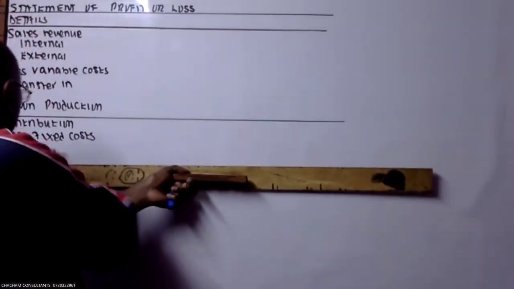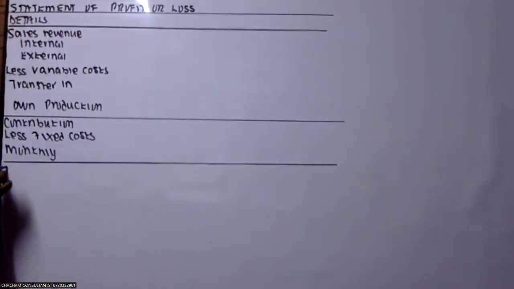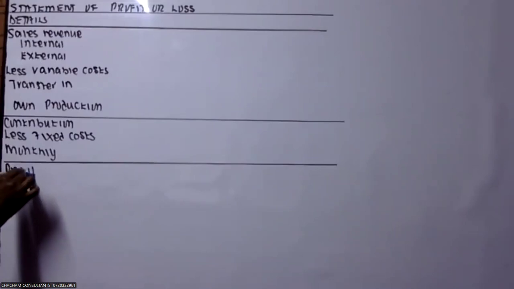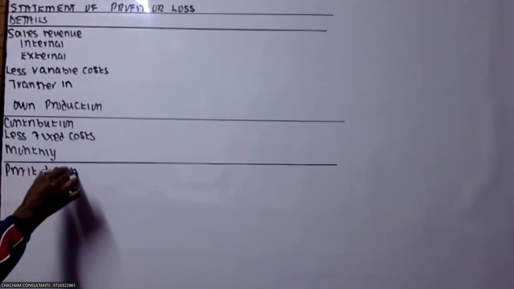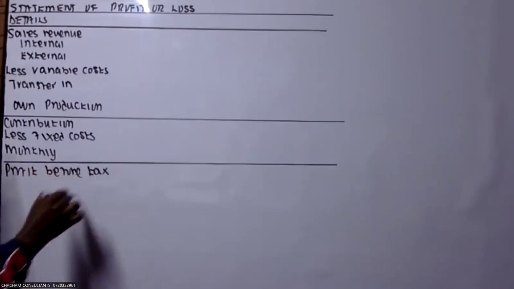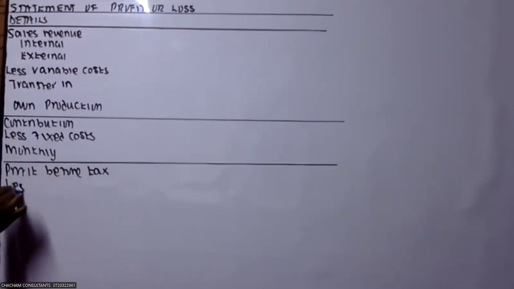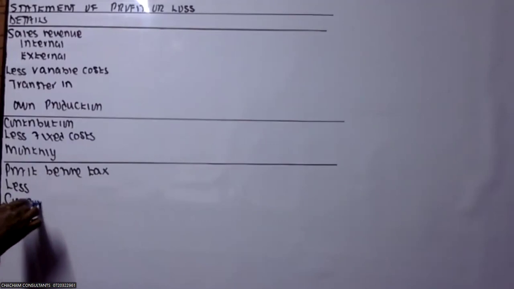When you less it, what you get is called profit before tax. Then you less the corporate tax.